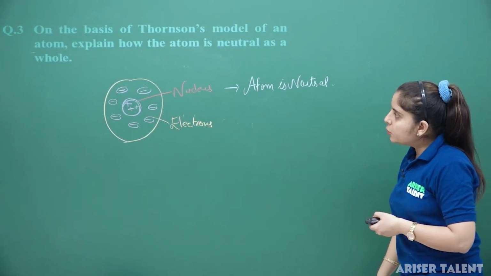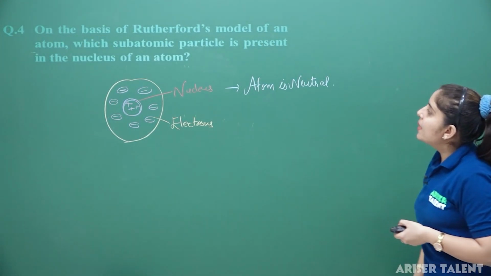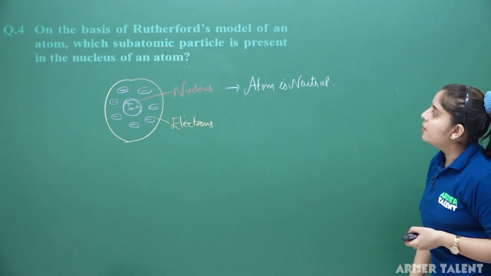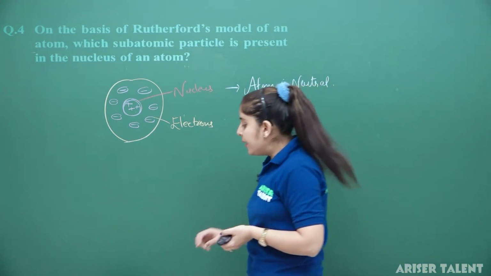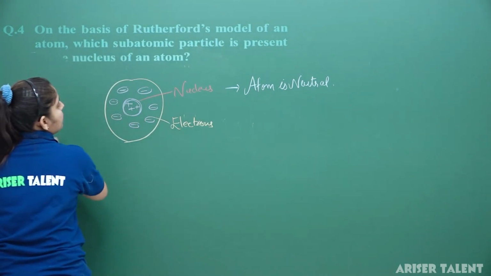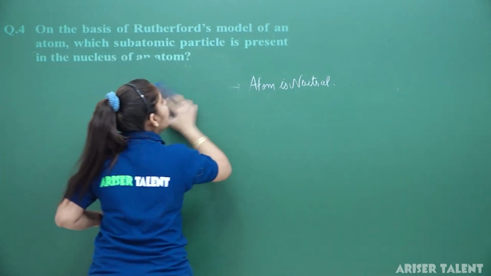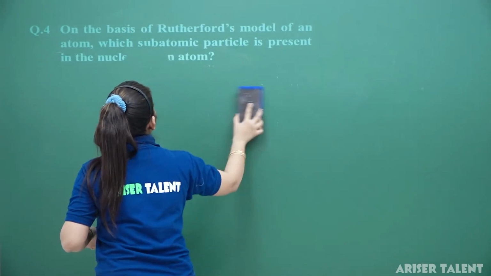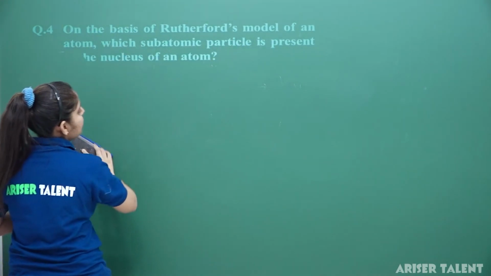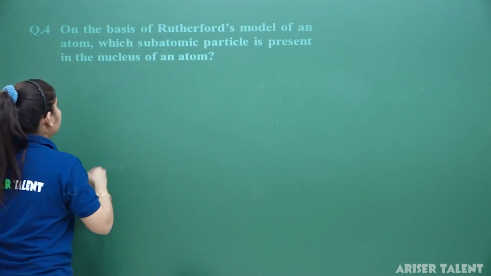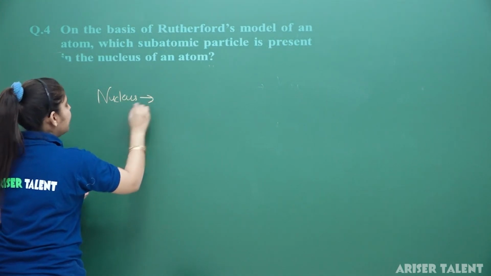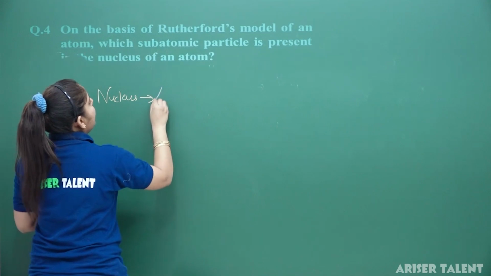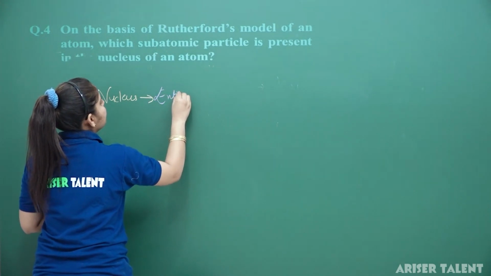Now proceeding to our next question. On the basis of Rutherford's model of an atom, which subatomic particle is present in the nucleus of an atom? We know that the entire positive charge is concentrated in the nucleus, so the nucleus consists only of positive charge.